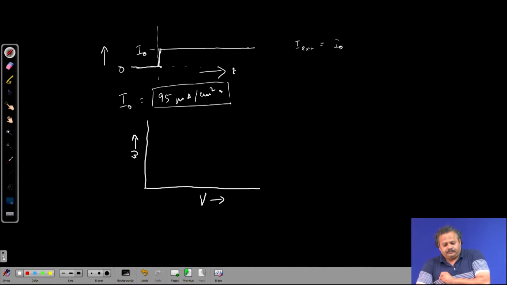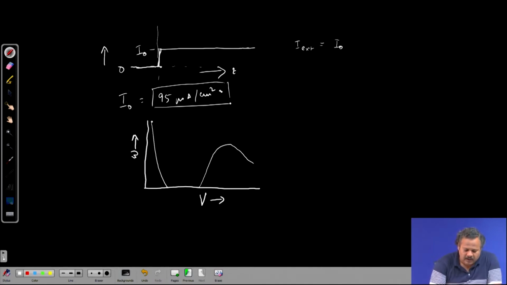Let us say our V nullcline was like this and our W nullcline, as drawn earlier, is somewhat like this.